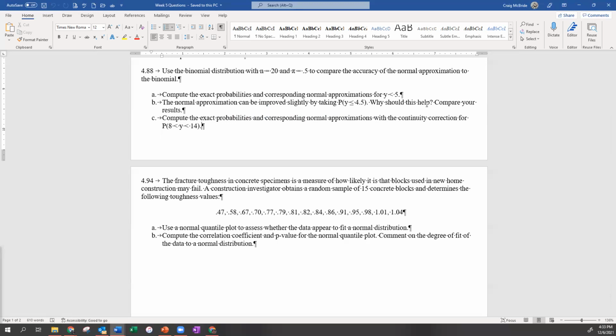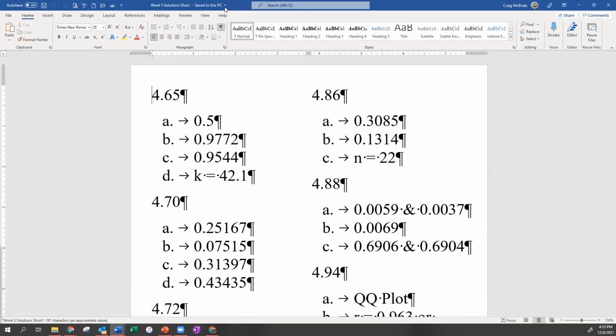When I did it, mine is coming out to be probability 0.02, and I think I heard Christina say 0.05, so I don't know what I'm doing wrong. I have n is 20, probability 0.5, and x is 5.